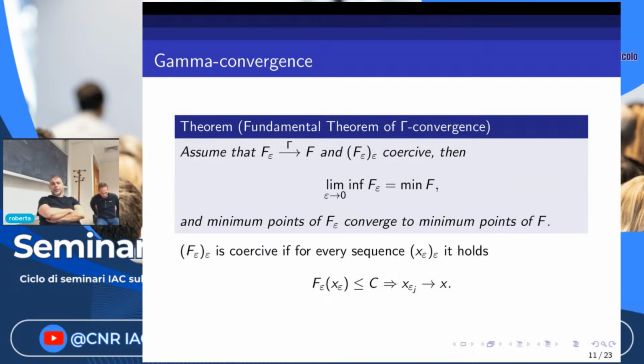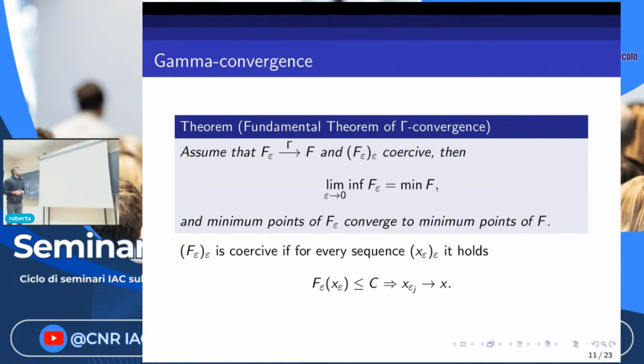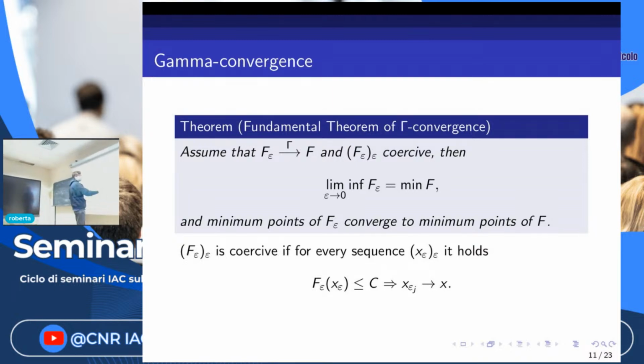And so, if your family of functionals is coercive, then the sequence of the minima converges to the actual minimum, and the minima exist. So f has a minimum point, and the sequence of minima converges. Also, minimum points converge to minimum points. So basically, given some coerciveness, you have a way to switch from the approximating problem to the limiting problem.